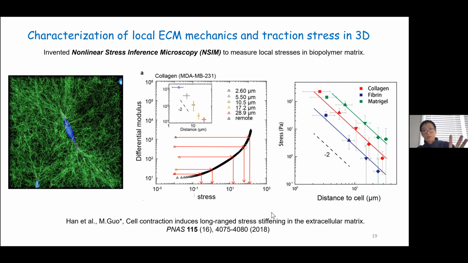So here I talked about our effort in measuring the mechanics of the ECM in situ, directly in space and in time as the system develops. We can even use this to backward calculate the stress. If any of you are interested in this, there are some interesting things we can try.